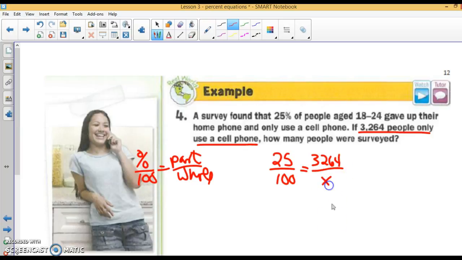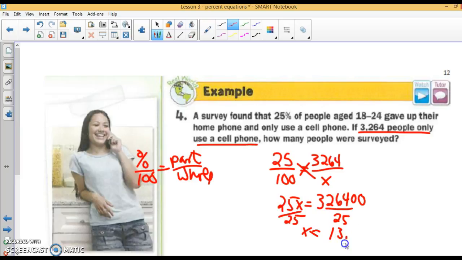Out of, we don't know how many people were surveyed, we're going to call that x. So we're going to solve this by cross multiplying. We're going to have 25x equals 326,400. Divide both sides by 25, and you end up with x is 13,056 people surveyed.